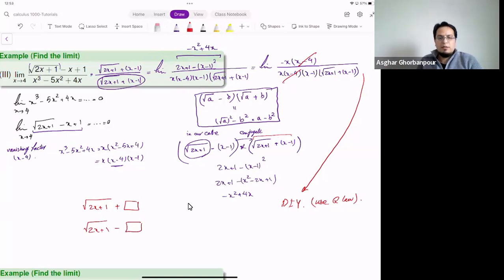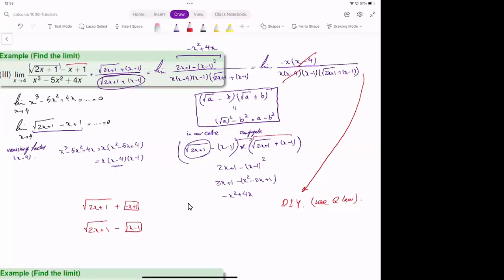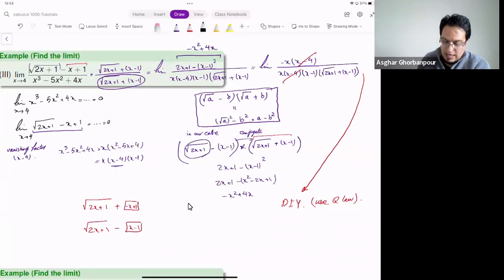Doesn't matter. If I want to see it as plus something, you have to see it as minus x plus 1. If you want to take it as minus something, you have to factor out the minus sign from this whole remaining term, and that will make it x minus 1. Okay, thank you. Either way will work, and their conjugate will be just, if this is plus, this will be minus. If this is minus, it will be plus. But the final result will be the same thing.